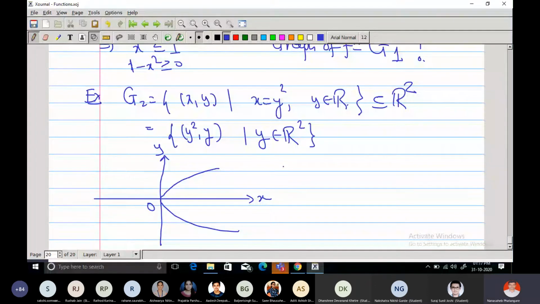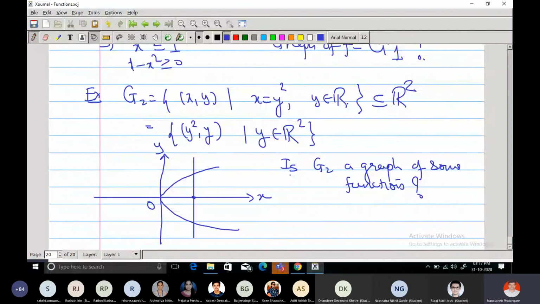Is it a graph? No, sir. Because if you look at, for example, 1 and 1, and 1 and minus 1 are in G2, right?